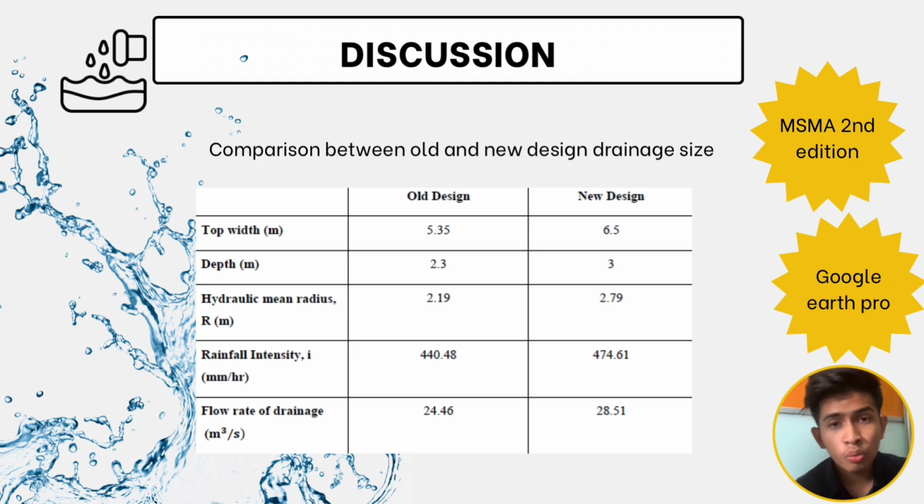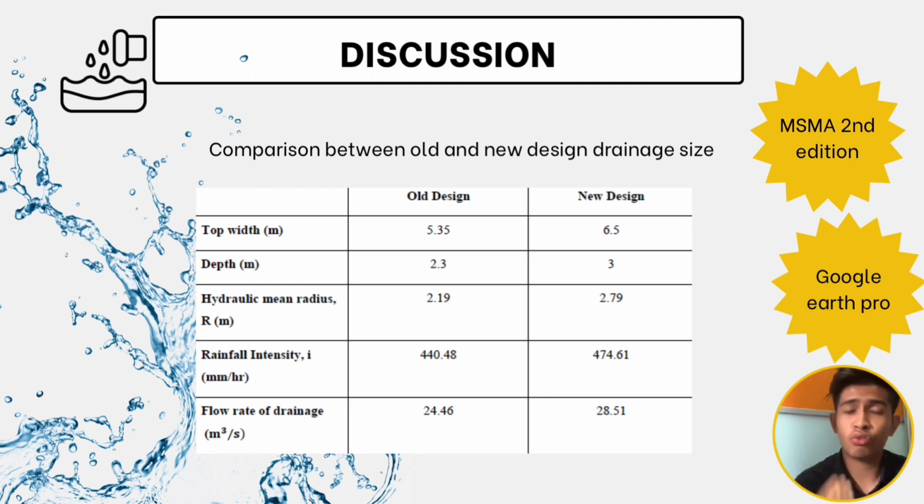Because when we construct a new design drainage, we want to avoid flood happening in the future. However, the value of the existing drainage and the proposed drainage channel is different because we see the grass growing taller than the old drainage. So due to the difference in the n value, there will be an effect on the intensity between the new channel and the old channel.